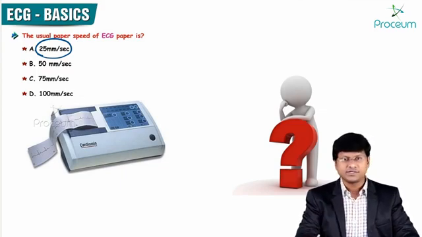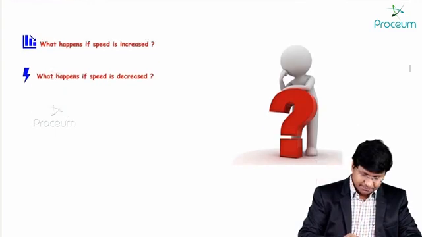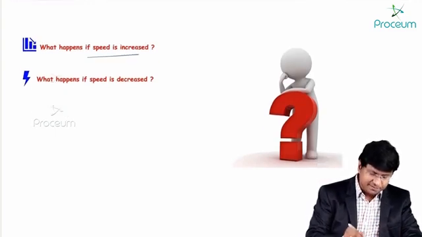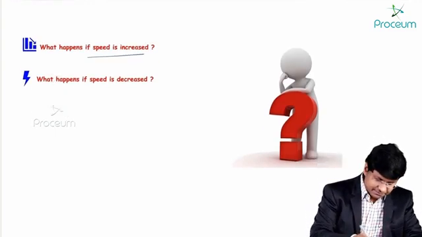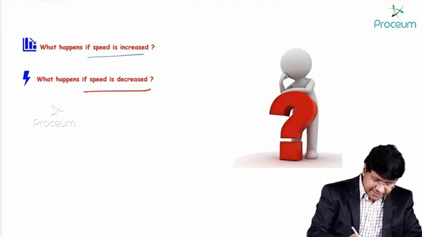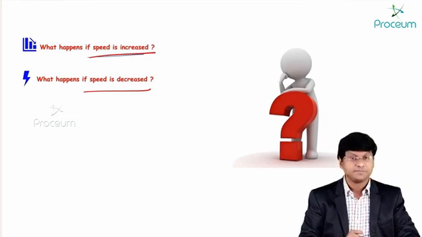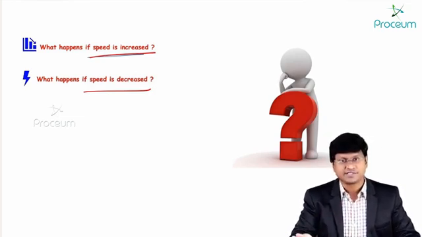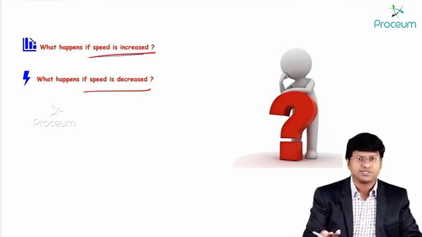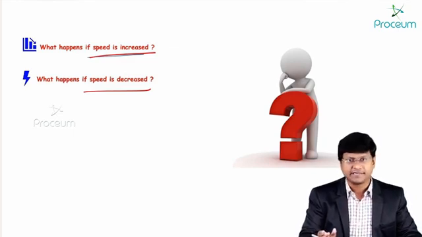Now the question is, what happens if the speed is increased? What happens if the speed is decreased? Let me tell you. Suppose the speed is increased. Normal speed is how much? 25 millimeters per second.